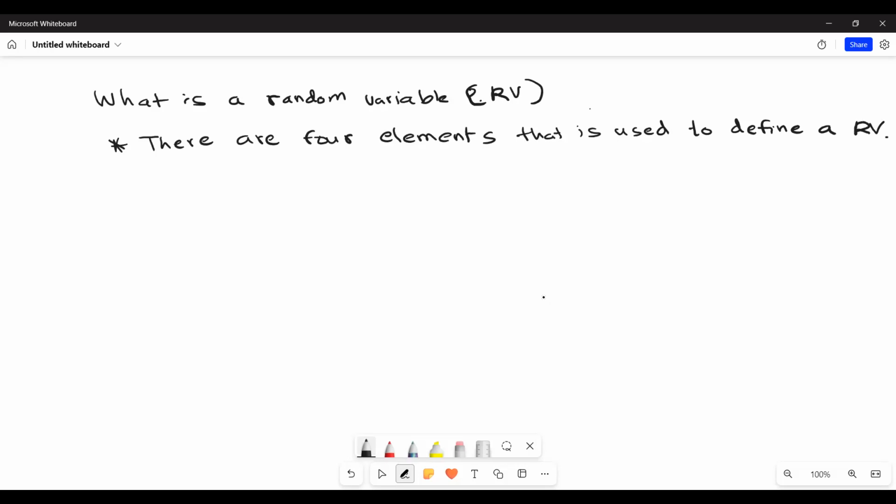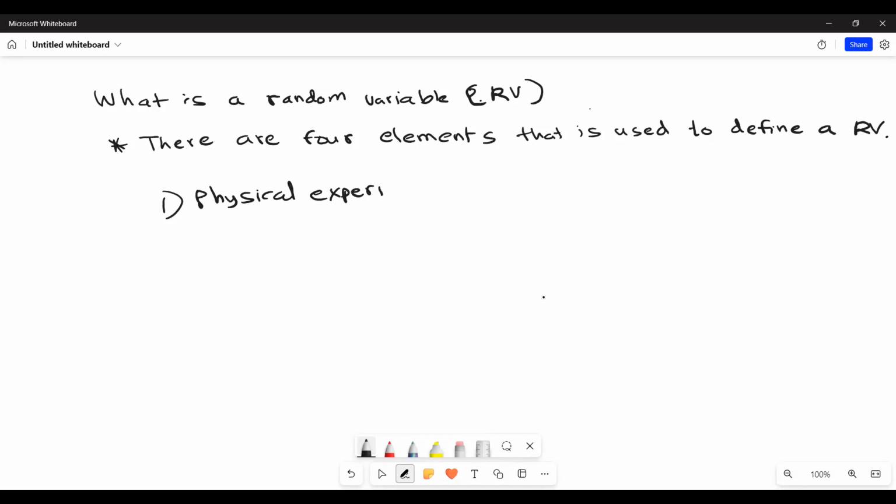So the first thing is we need to have a certain experiment that can create random outputs.